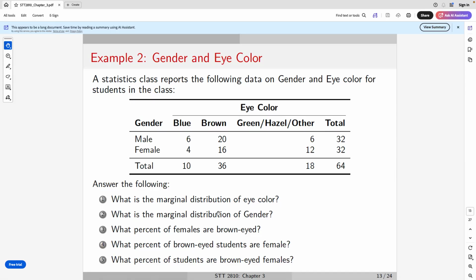Before we do that, who can help us? What are the categorical variables here? Gender and eye color. Those are the two categorical variables here. Good. So now find the marginal distribution of eye color and then the marginal distribution of gender.